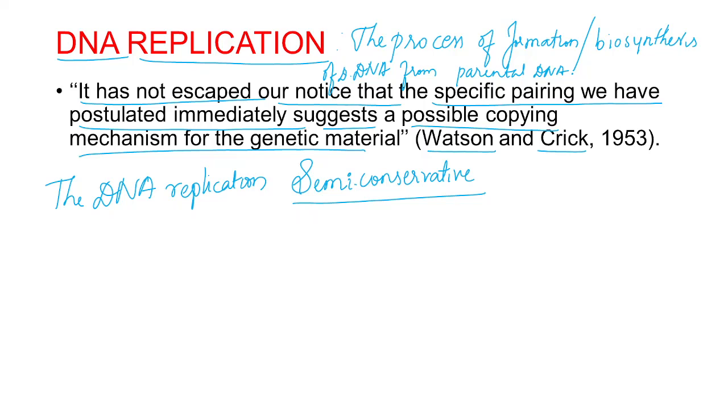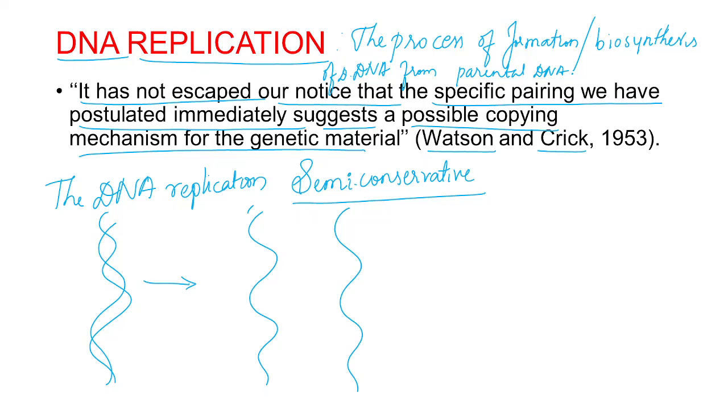Here, what happens? If the parental DNA strands are there like this, then what will happen during replication? Both of these parental DNA strands will get separated from each other.